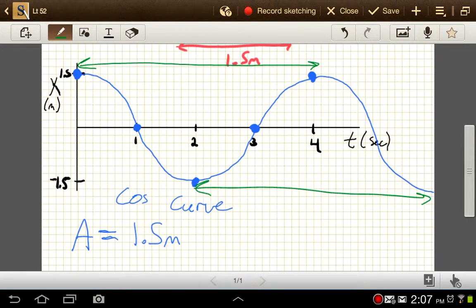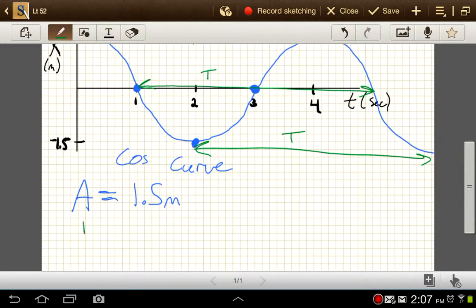Those are all periods, and we write that as a capital T. So any point on the curve to the next identical point on the curve, that's the period if we have time on the x-axis here. So in this case, the period is going to be equal to 4 seconds.